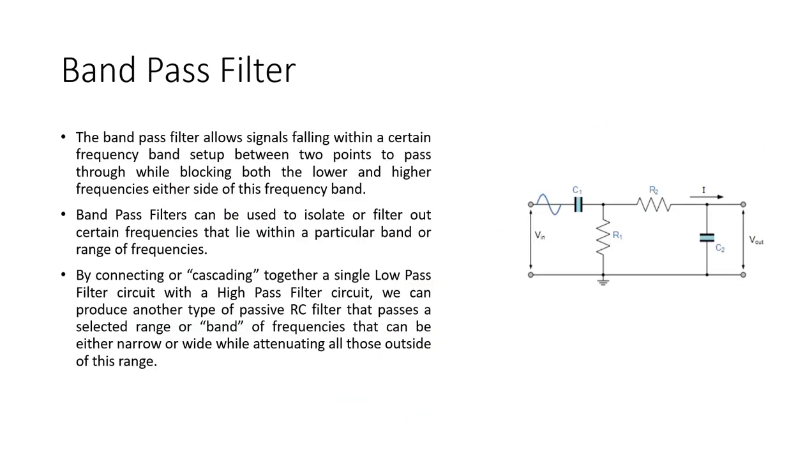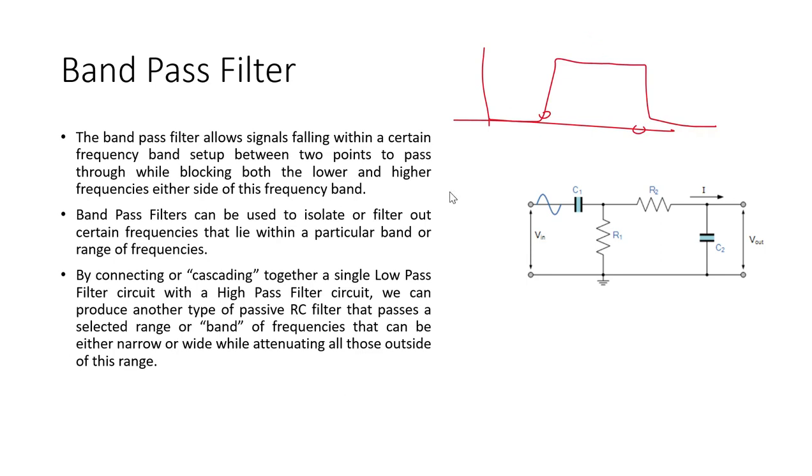Now band pass filter, as the name suggests, is allowing a band of frequency. There are 2 points, one will start allowing the band and the other will delete the band.